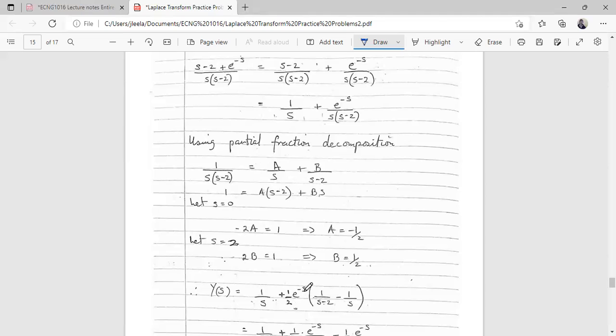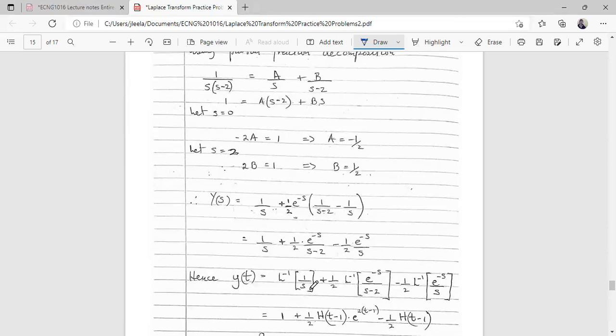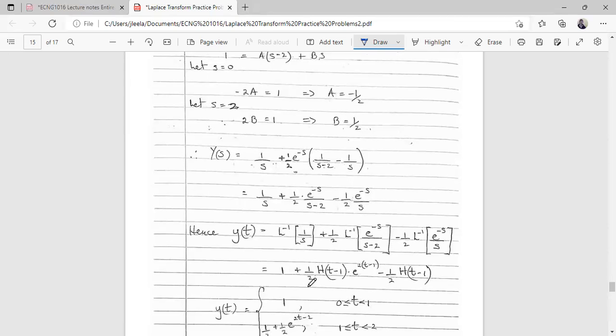But remember, you have to multiply by e to the minus s. So your Y(s) is 1 over s plus a half e to the minus s over s minus 2 minus a half e to the minus s over s. And the next step now is to take the Laplace inverse of 1 over s plus a half the Laplace inverse of e to the minus s over s minus 2 minus a half the Laplace inverse of e to the minus s over s.